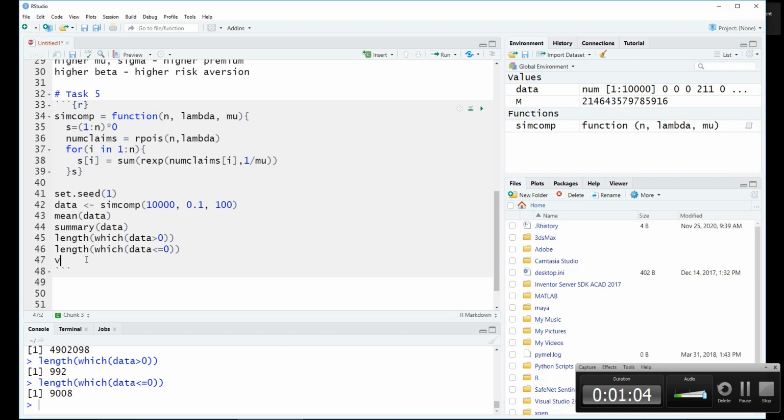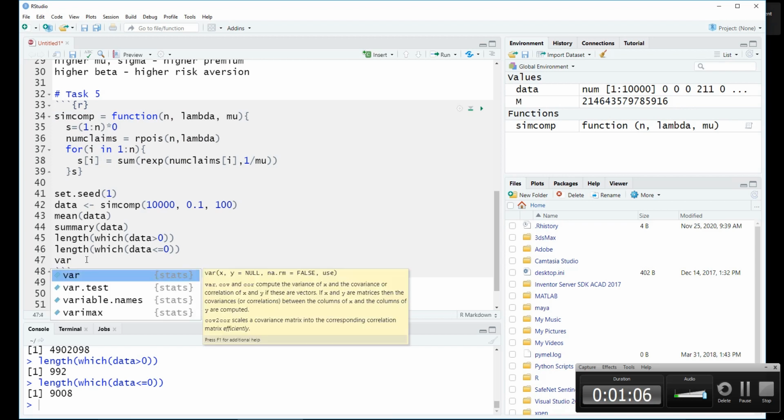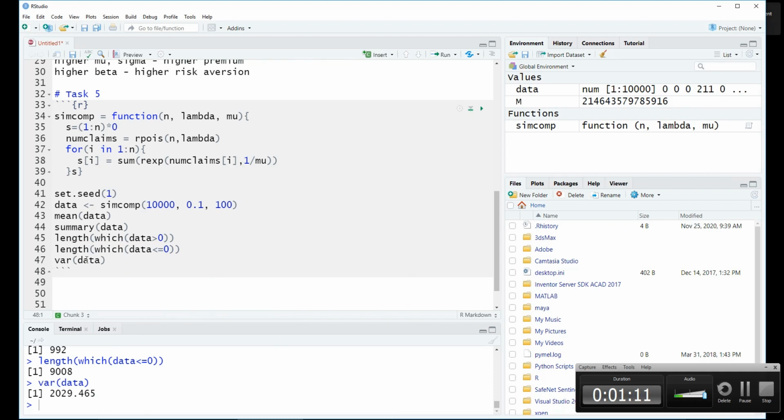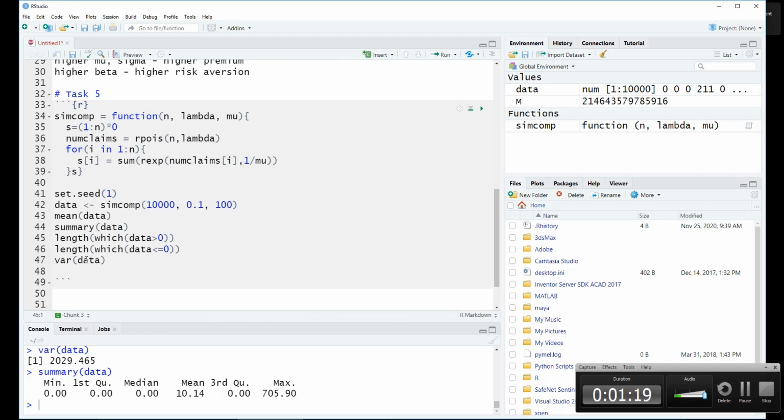What is the variance of our data? This value. And also, let's understand. So summary doesn't give us the full information because the data contains lots of observations.